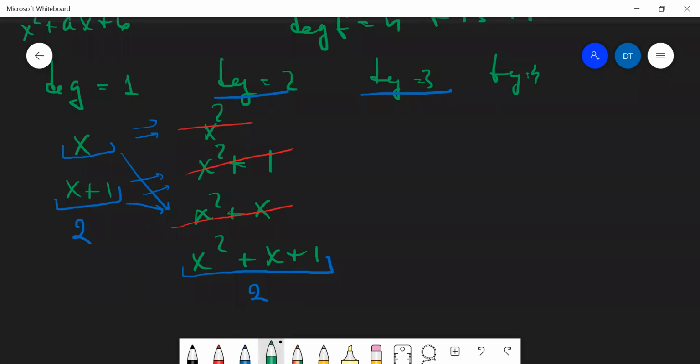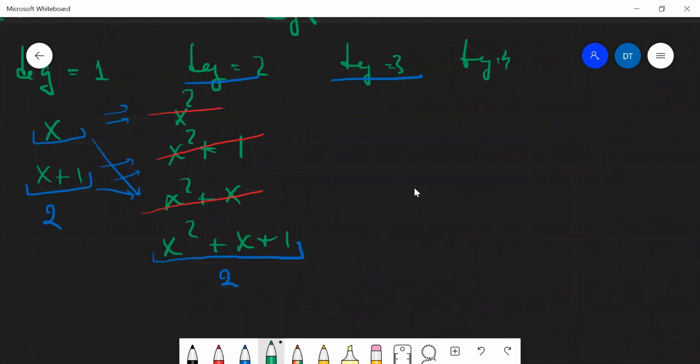Now we have to do exactly the same for degree 3. How many polynomials do we have in degree 3? Not necessarily reducible, just how many polynomials of degree 3? Maybe 8. 8, exactly. So let me write them down. So x cubed, four times.